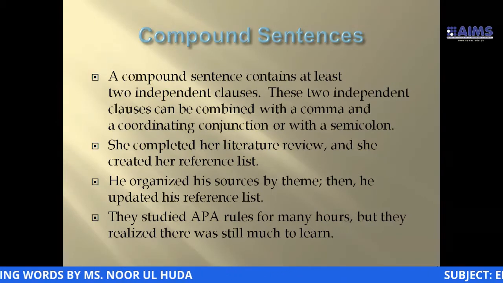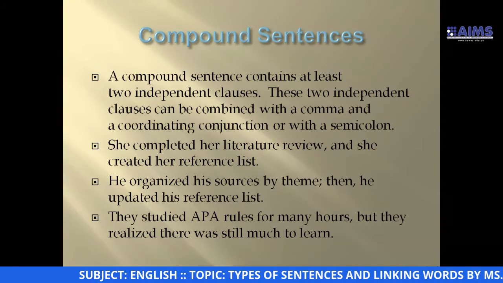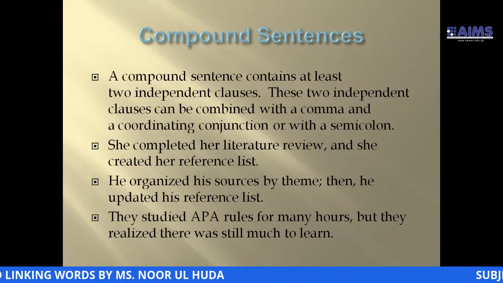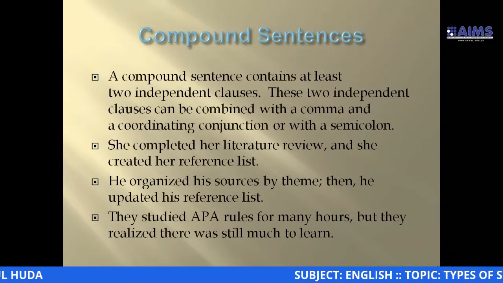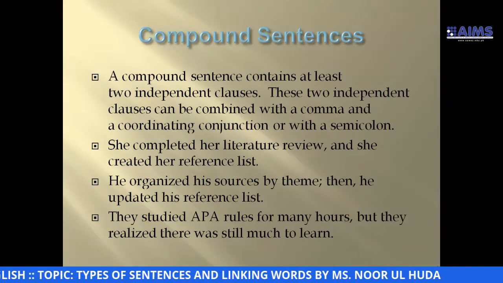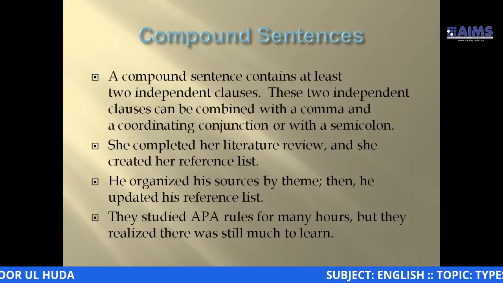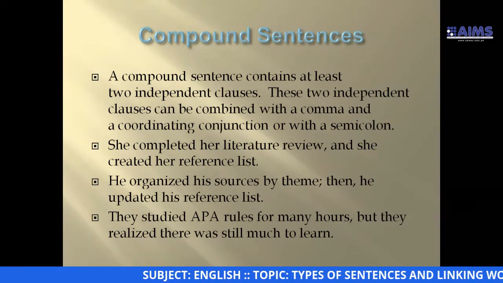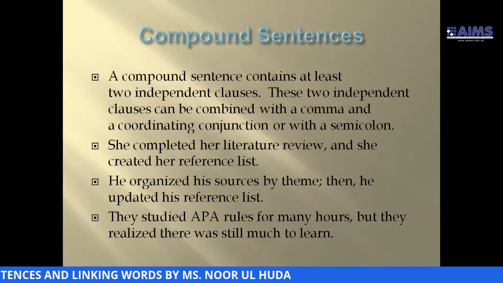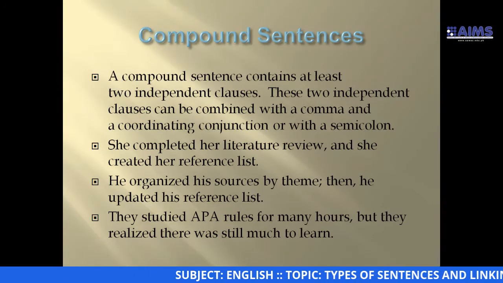These independent clauses can be combined with a comma and a coordinating conjunction, or with a semicolon. We cannot say that we always use connectors to connect independent clauses. We use commas, and we can also use a semicolon to show that the sentence is compound, not simple. For example, she completed her literature review and she created her reference list.